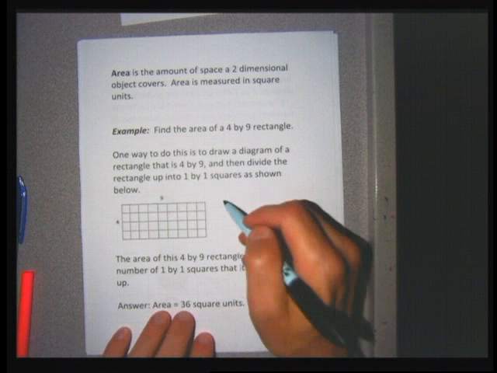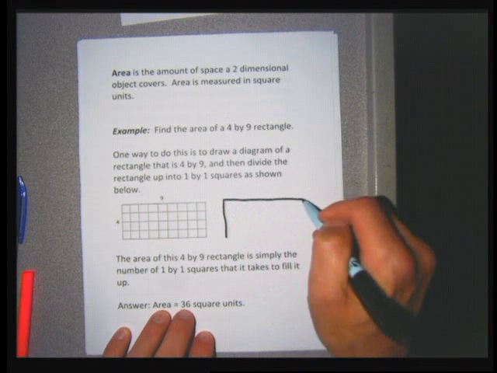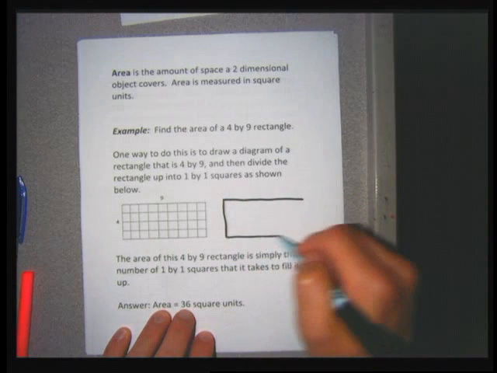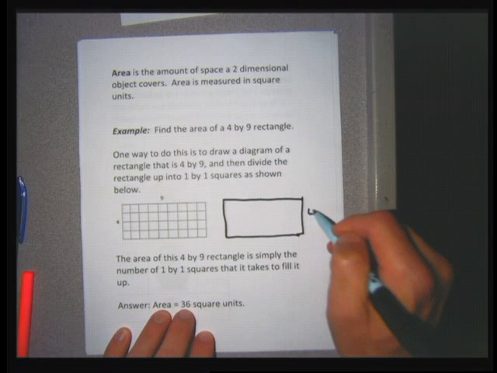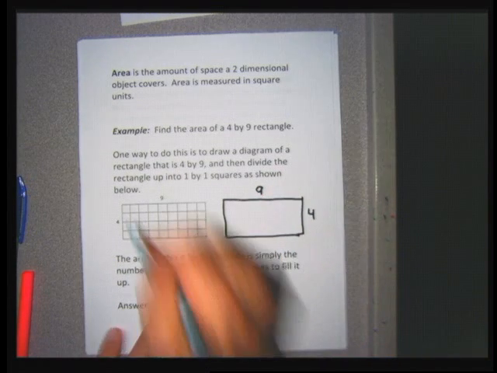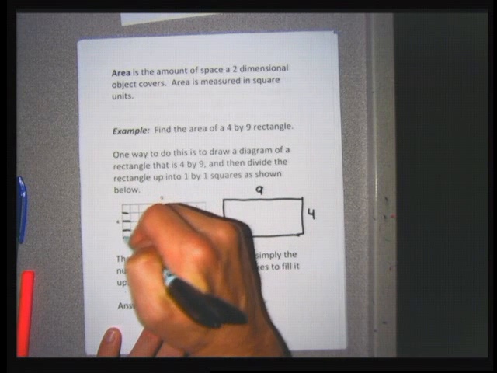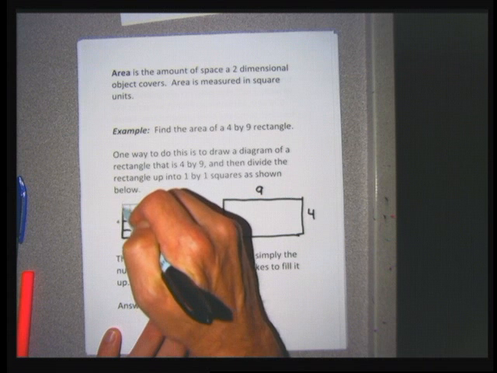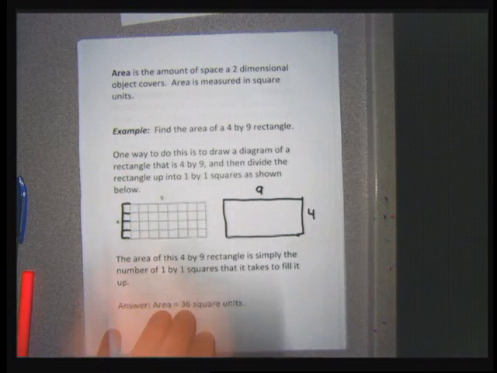The first example says find the area of a 4 by 9 rectangle. So if I had a rectangle that was 4 units by 9 units, and I divided it up vertically into 4 units, so I took those 4 units and made them all into 4 1-unit pieces.